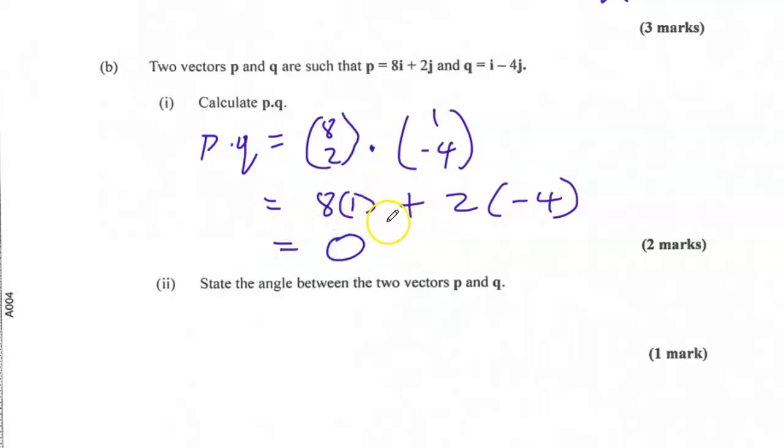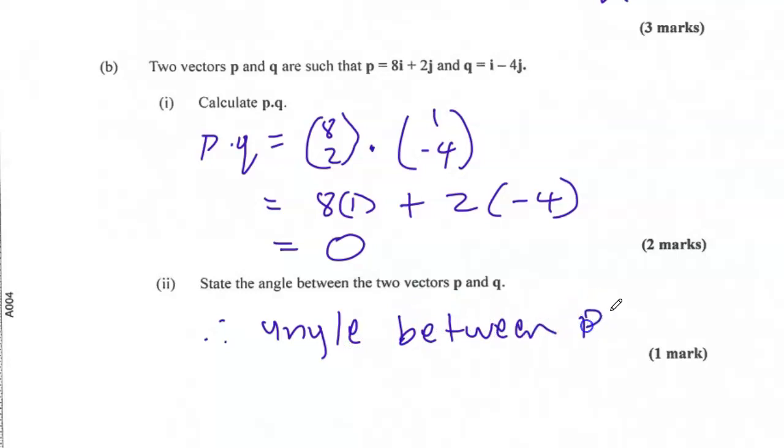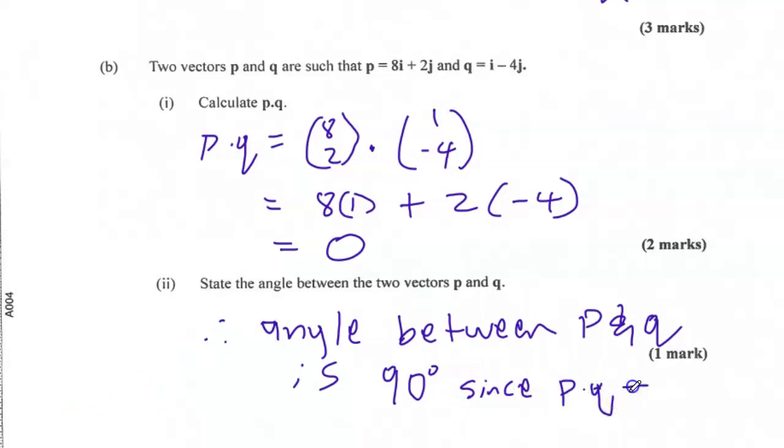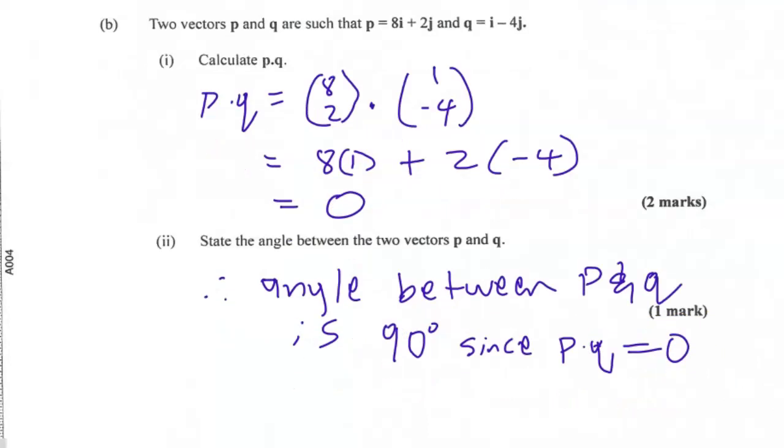So that product there is 0, which means that the angle between P and Q is 90 degrees. If that product is 0, the two vectors are perpendicular to each other, since P dot Q equals 0.